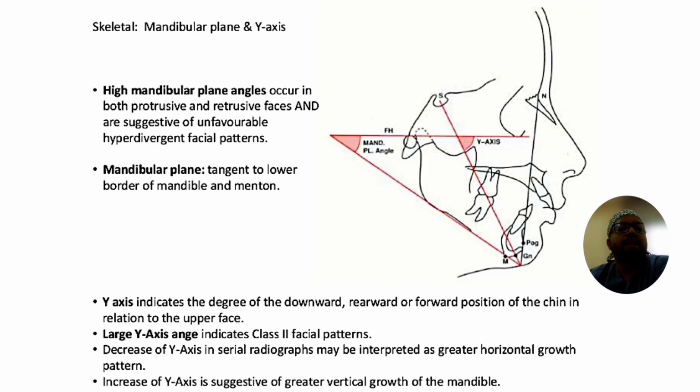A high mandibular plane angle or low mandibular plane angle, high Y-axis angle, low Y-axis angle give you the idea about downward or vertical growth, horizontal or vertical. So this growth pattern can be identified by the mandibular plane angle as well as the gonial angle and Y-axis. Y-axis gives the actual growth pattern.